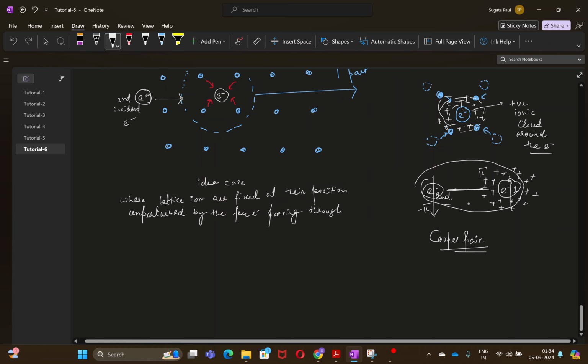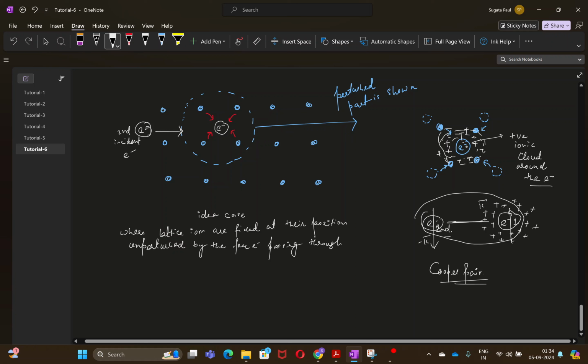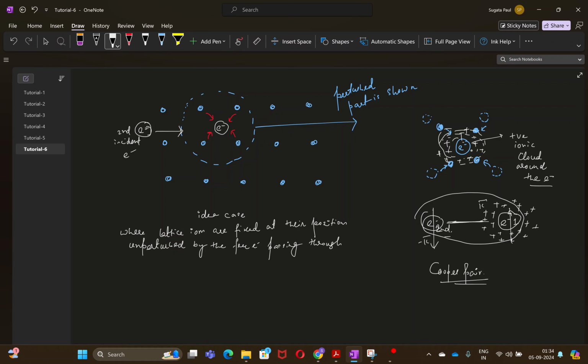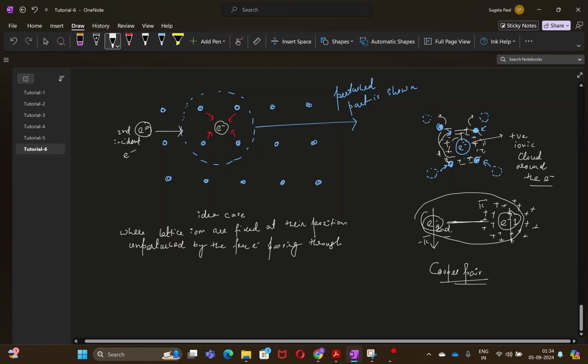Although this is not permanent: as soon as this electron passes through, the effect of the electron's attraction on the surrounding positive ion lattice goes away, and the lattice relaxes back to its earlier equilibrium position, right?